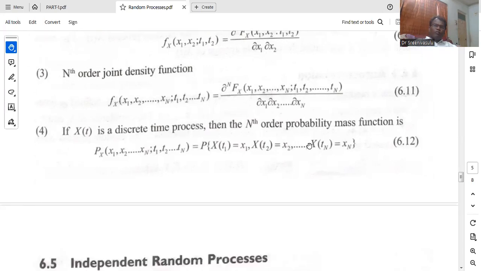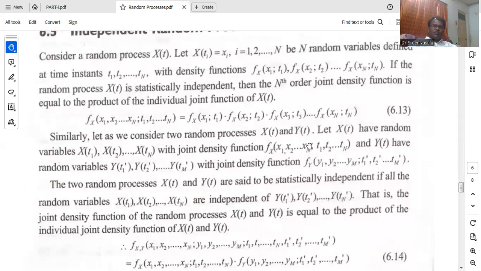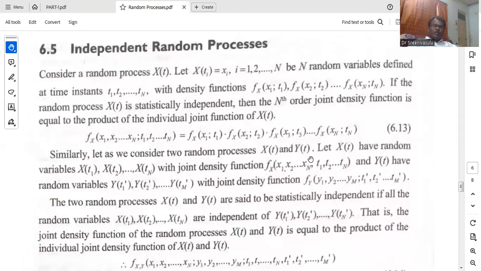Now, coming to the independent random process concept. This concept was already covered previously for the joint probability density function of random variables.